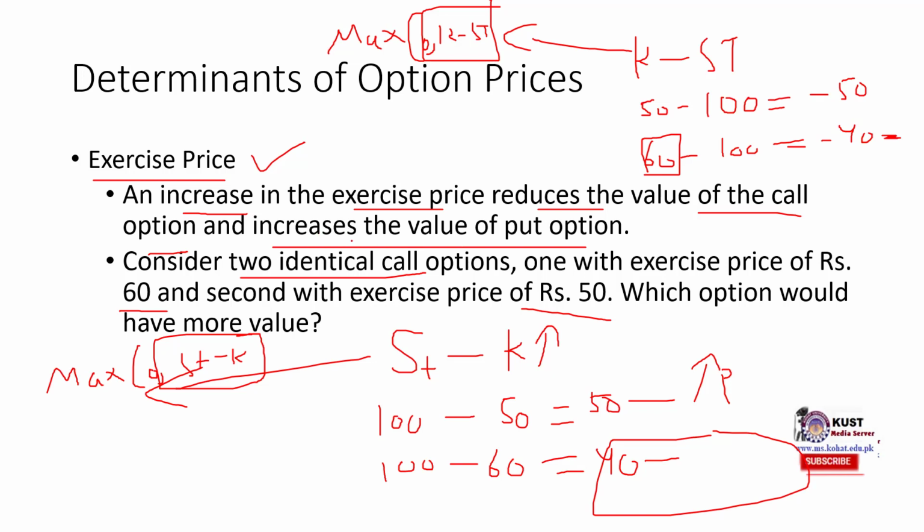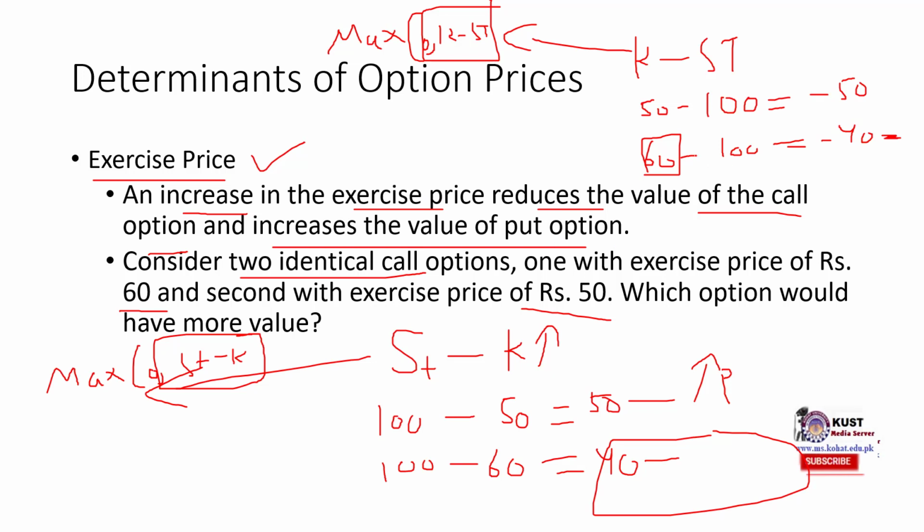So if I sum it up, if the exercise price increases, the value of the call option would decrease, but the value of the put option would increase. If the value of the call option decreases, its premium would decrease with the increase in exercise price. And for the put option, if the exercise price increases, the value of the put option would increase and its premium would also increase.